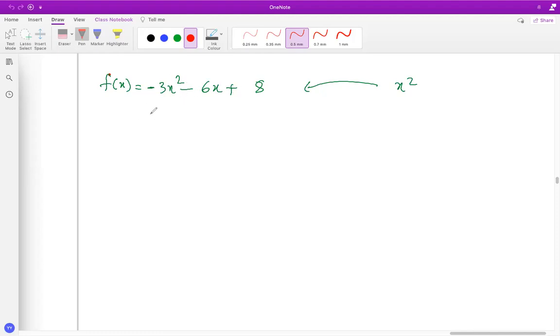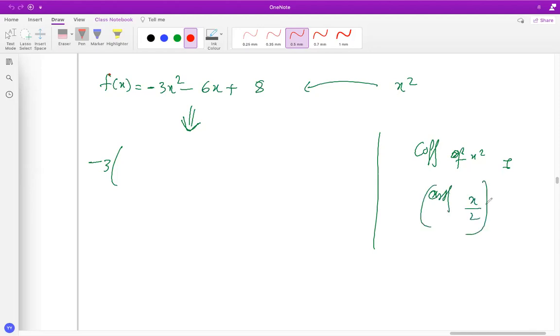What we do is first convert this into perfect square format. To convert to perfect square format, you make sure the coefficient of x squared is 1. You then take the coefficient of x, divide by 2, square that, add and subtract, and you get the first three terms.